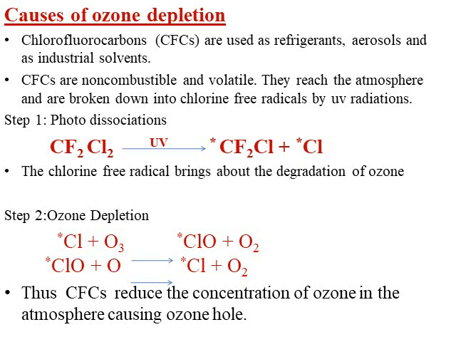Thus, these CFCs reduce the concentration of ozone over a period of time. And the very interesting part of this reaction is that in each step, the chlorine free radical is regenerated, and the regenerated free radical is sufficient to react with the ozone, forming ClO free radical and oxygen.